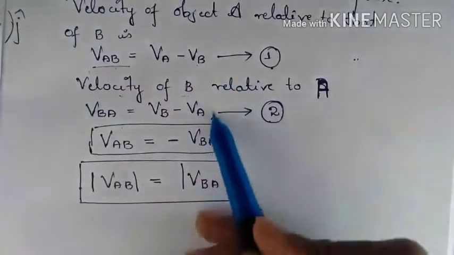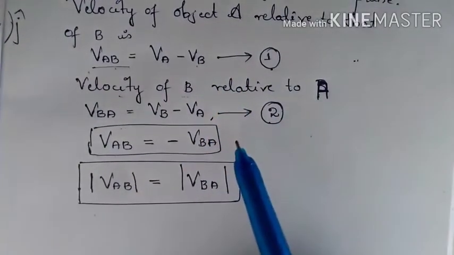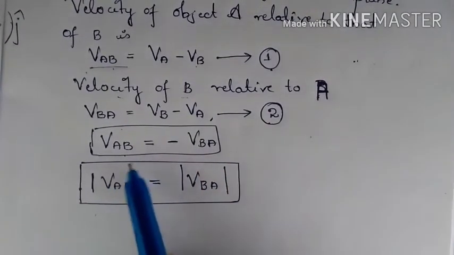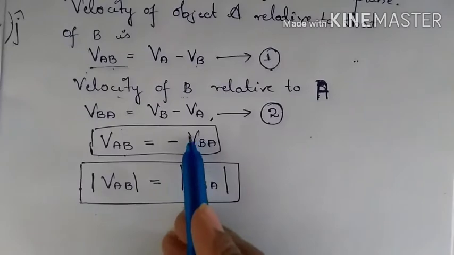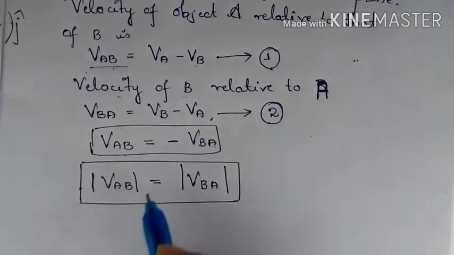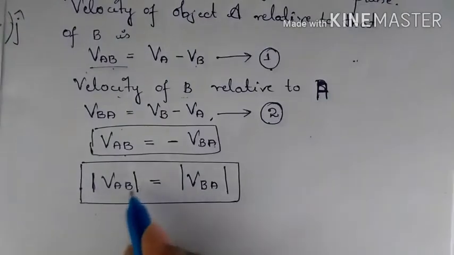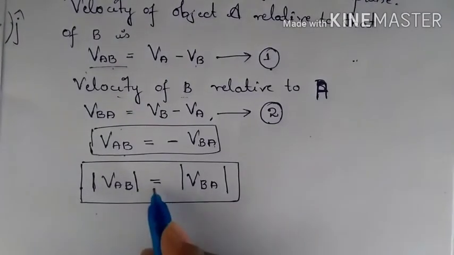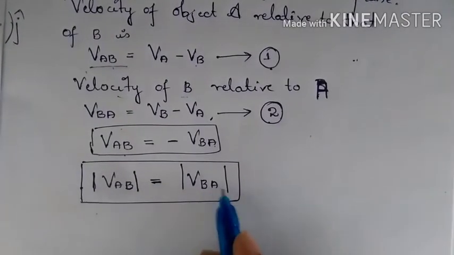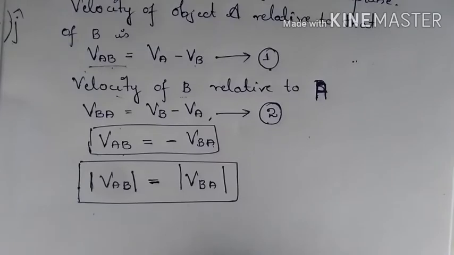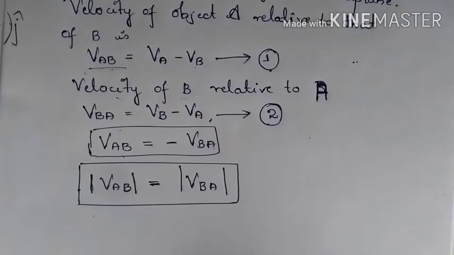If you observe both equations, you can say VAB equals minus VBA, and the mod of VAB equals the mod of VBA. So this is the relative velocity concept in a plane, or in two dimensions.